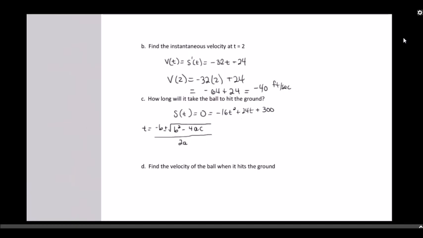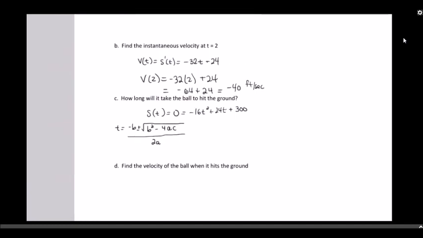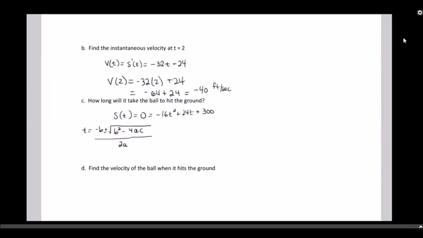Now one thing I am going to do with this quadratic equation is factor out a common factor between 16, 24, and 300. The common factor, I believe, is 4. Let me just double check. I can divide 300 divided by 4. Okay.